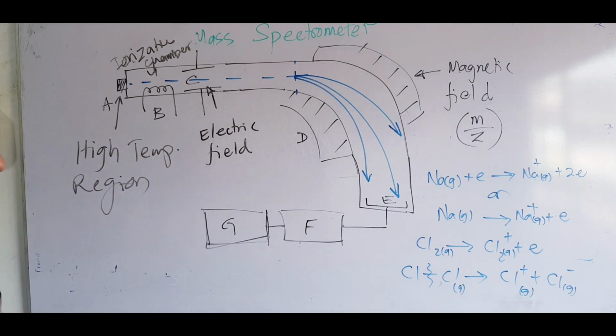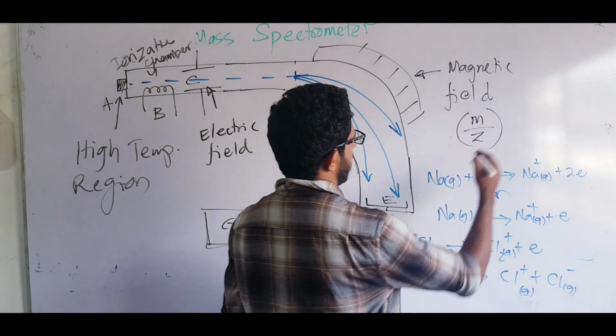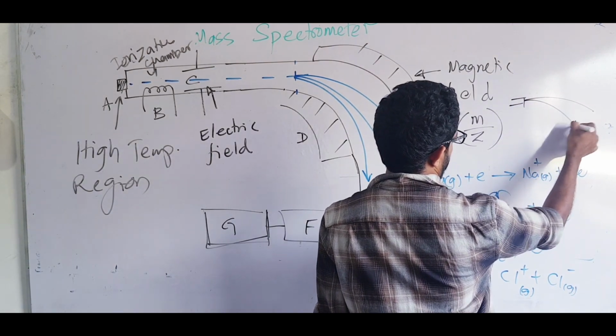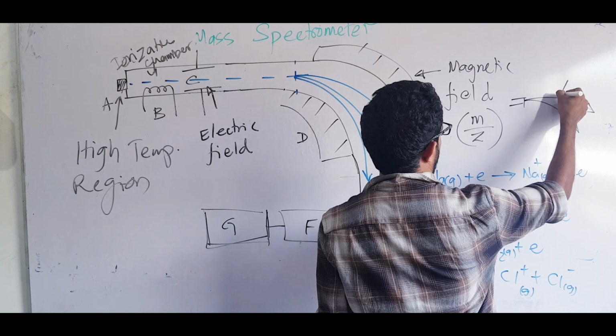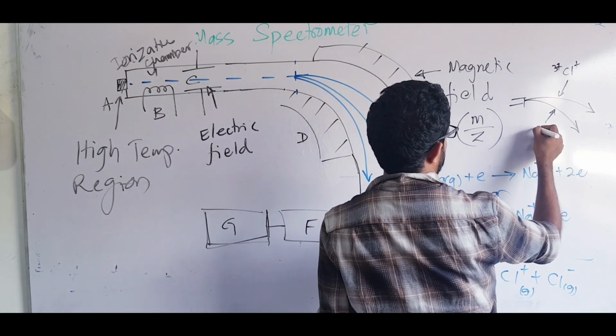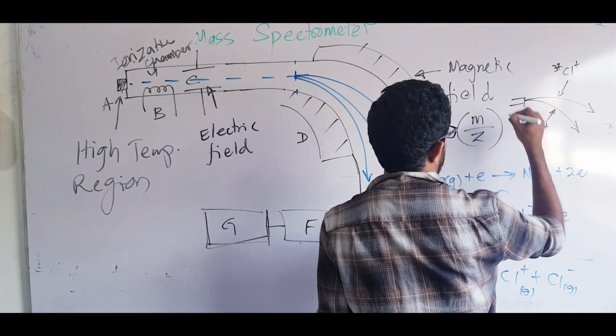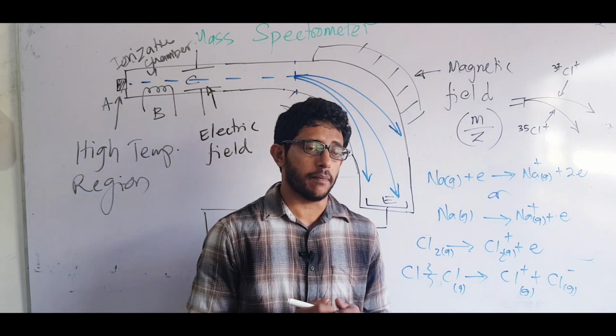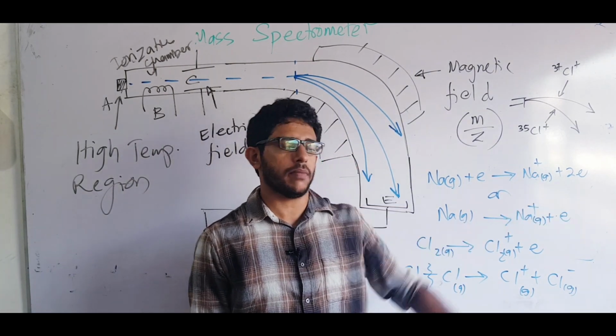So if I draw it over here, let us say 2 particles reach here, let us say chlorine. This should be chlorine 37 plus, this is chlorine 35 plus. Higher the mass, lower the deflection. Lower the deflection means it does not tend to bend that much.